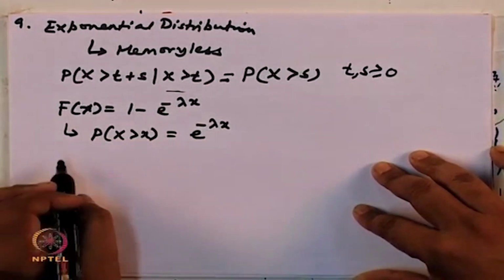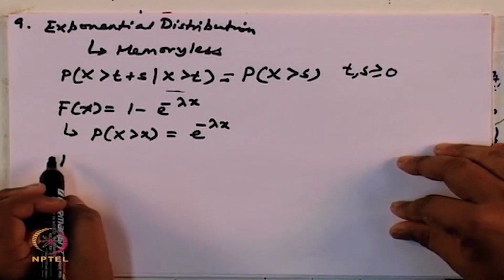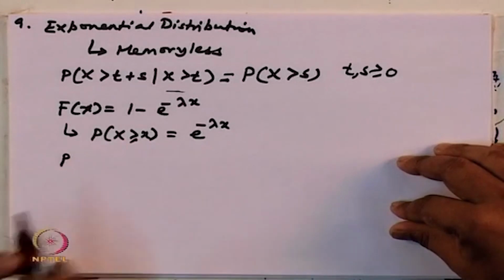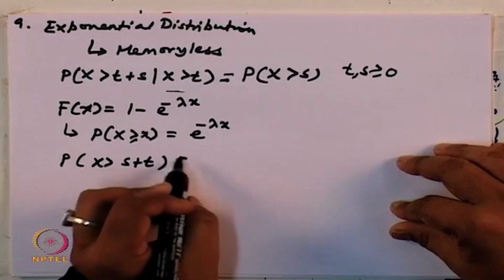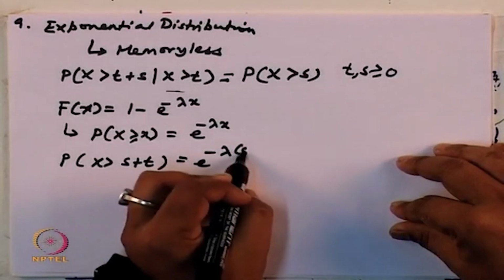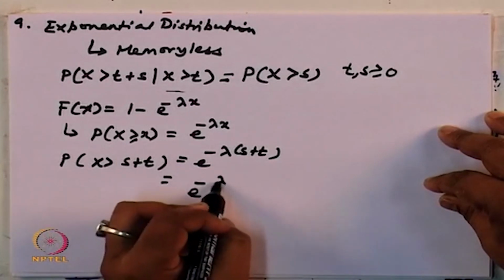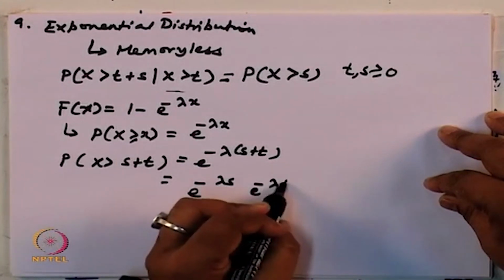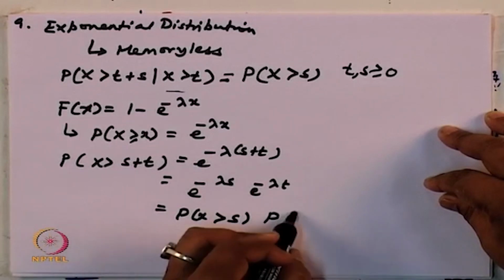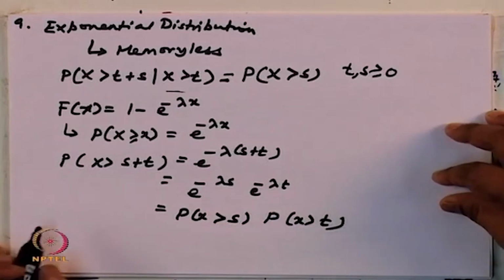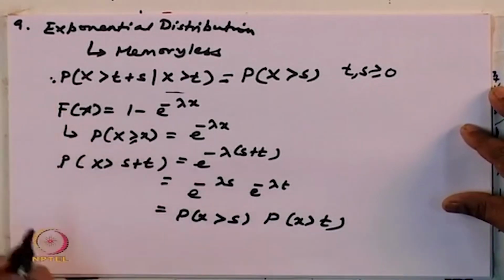So the probability of X greater than s plus t is e to the power minus lambda (s plus t). I can break this down as e to the power minus lambda s times e to the power minus lambda t, which is the probability of X greater than s times the probability of X greater than t.